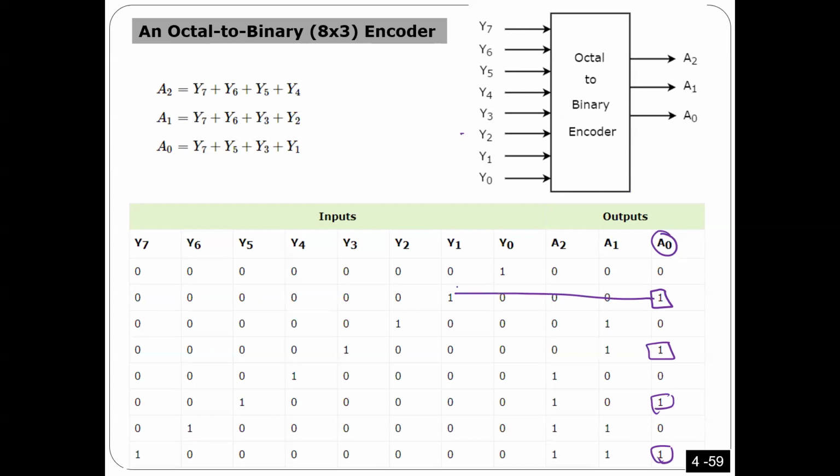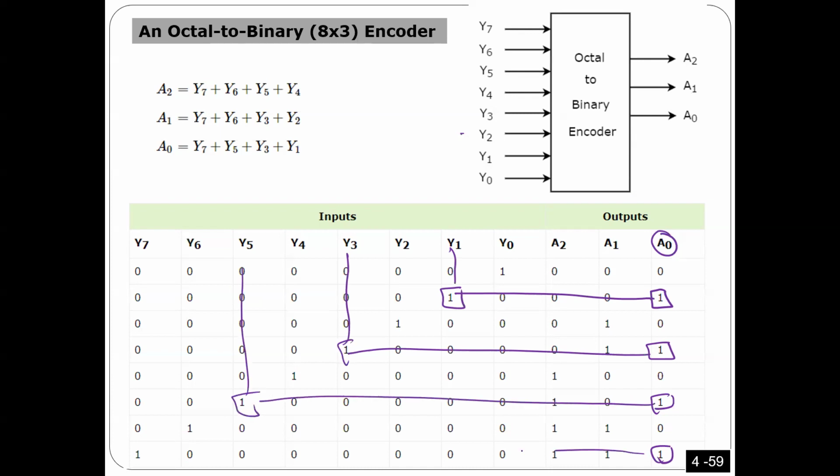This one happens at Y1, this one at Y3, this one at Y5, and this one is actually Y6. So that means E naught is 1 if Y1 is 1, or Y3, or Y5, or Y6 is 1. And this is exactly what I do.